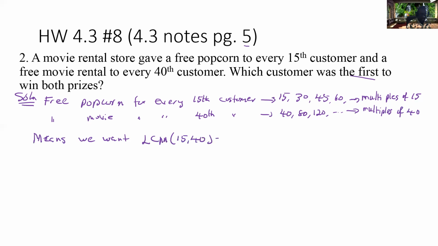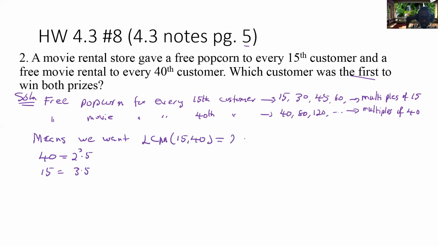Now, if you use the prime factorization, I'll just show you. Next time I won't need to do that because we've done a lot of examples. So 40 is 8 times 5, which is 2 to the third times 5. And 15 is 3 times 5. The least common multiple doesn't have to be just the common prime factors. It's all the prime factors.